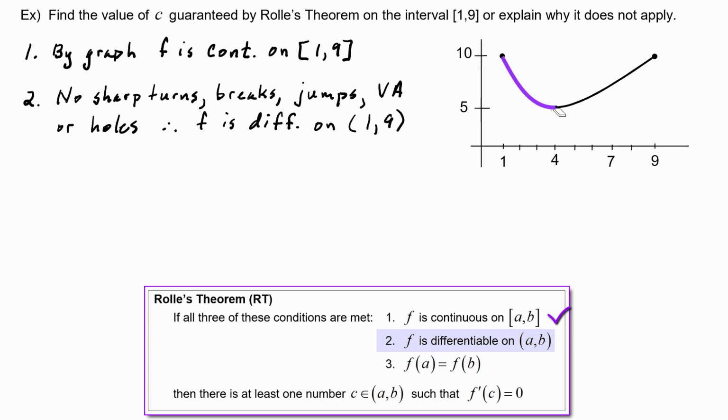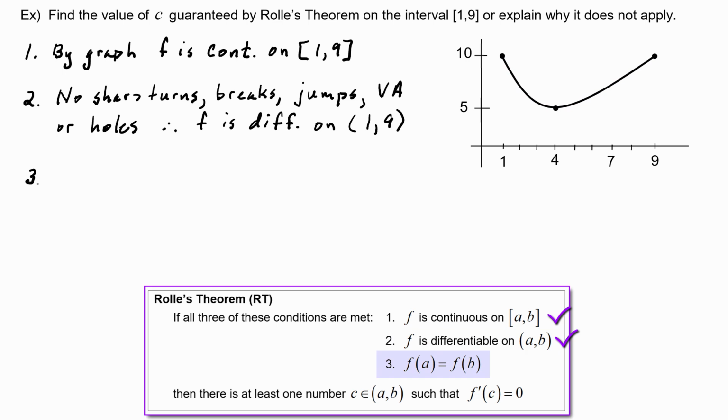We have a smooth curve here, is what we call it when there are no sharp turns, breaks, jumps, vertical asymptotes, or holes. Since the graph is a smooth curve, we know that it's differentiable on the entire interval. So now we've satisfied step 2.